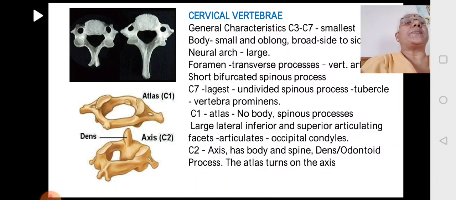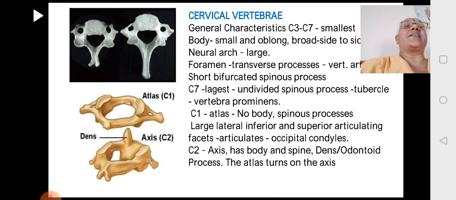These two occipital condyles will sit on the facets present in the first cervical vertebra, the atlas. So the atlas has two articulating facets which will articulate with the condyles present in the occipital region of the skull.